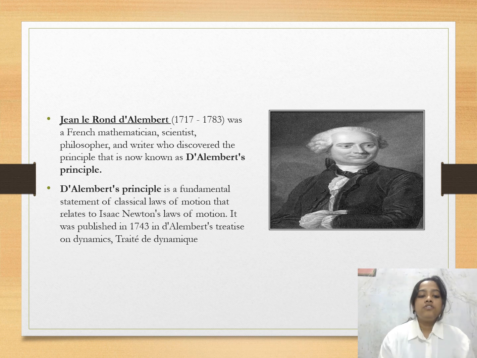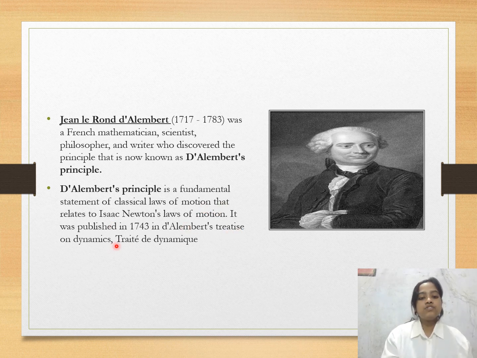Now, Jean Le Rond d'Alembert was a French scientist, philosopher, and writer who discovered the principle. This is now known as d'Alembert's principle. D'Alembert's principle is a fundamental statement of classical laws of motion that relates to Isaac Newton's laws of motion.